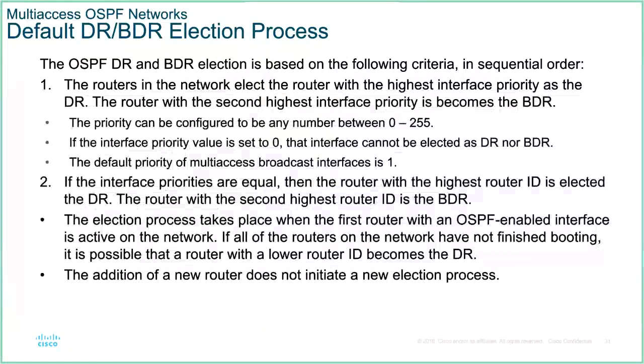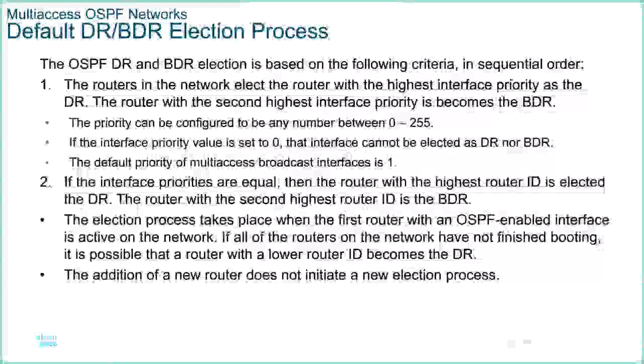Well, it's a value between 0 and 255. If you don't want the device to participate in an election, such as an old router that doesn't really have the processing power to manage all those communications, you would change the priority value to 0, so it no longer takes part in an election. The default on multiple access interfaces will be 1.